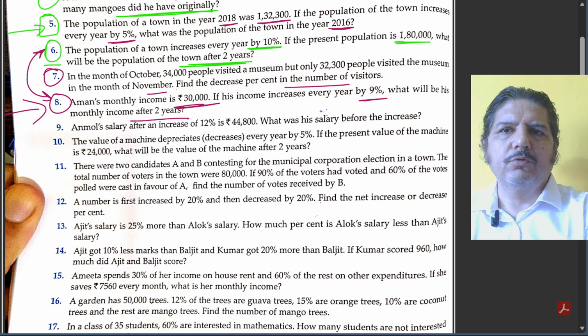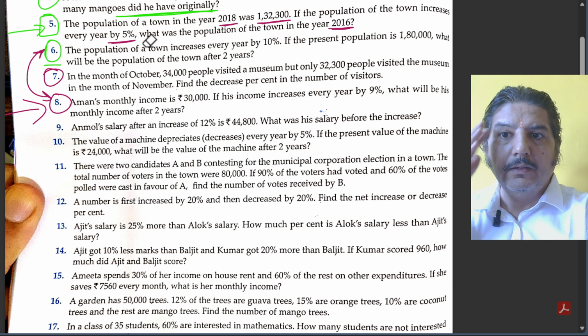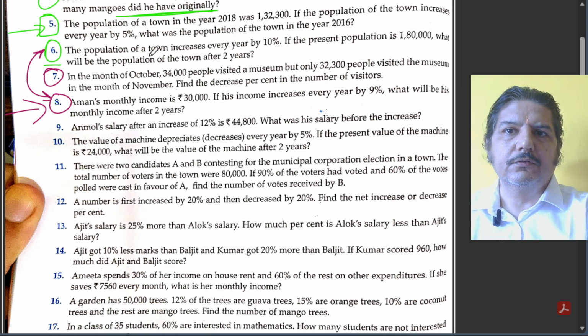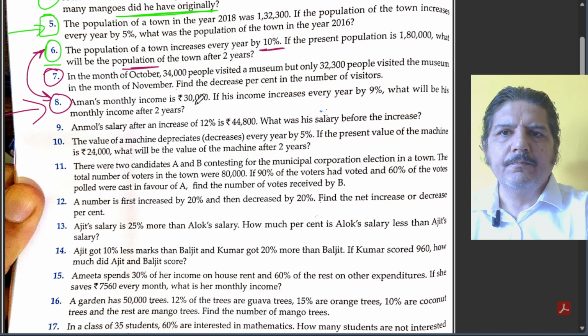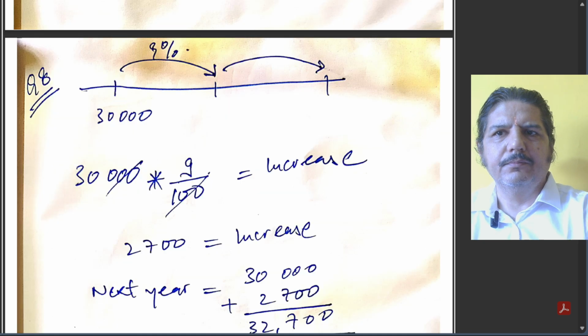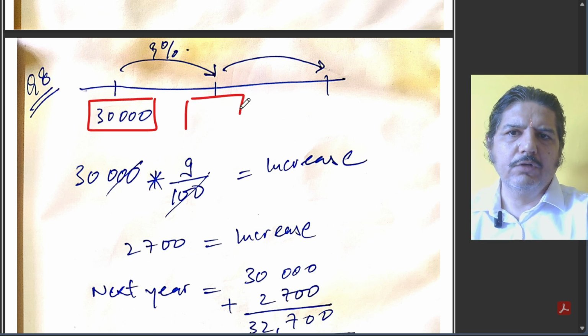Here you see, the population was increasing by 10% every year, and in this case the income is increasing. So the logic remains the same. We start with 30,000, it increases by 9% every year. So first we will calculate this, and then we will calculate this.